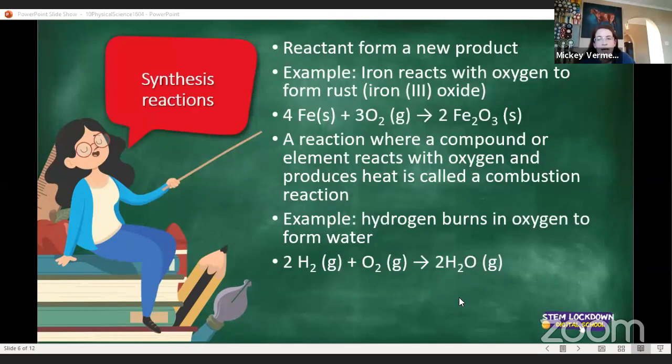Your diatomics are gases: H2, N2, O2, F2, Cl2, Br2, and I2. They are all gases. And most of your non-metals are solids. There are very few liquids and there are some gases.